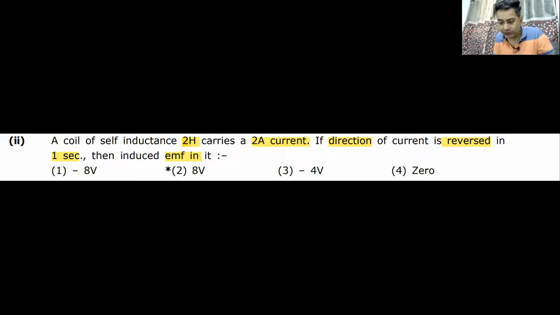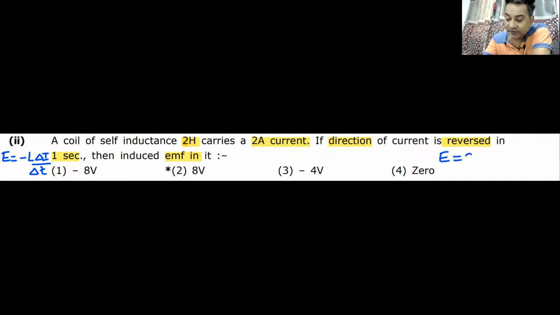Well done. Let us do this question again. We are going to apply the formula. E is minus L into change in current, delta I, by the time, delta T. Let me forget the negative sign because it only tells us the direction.